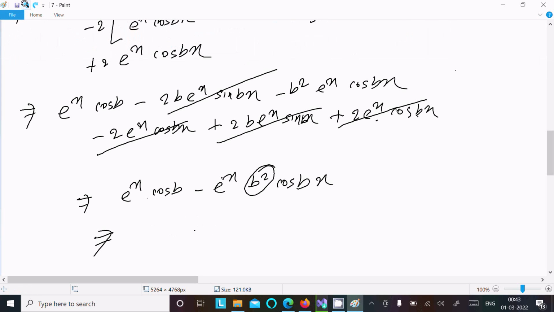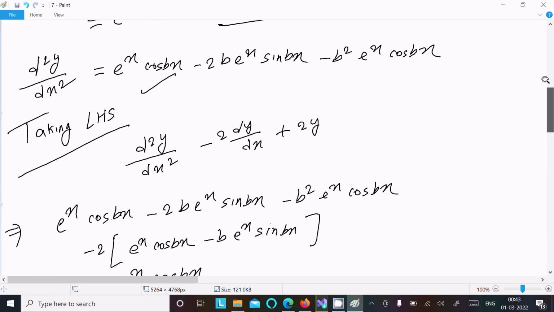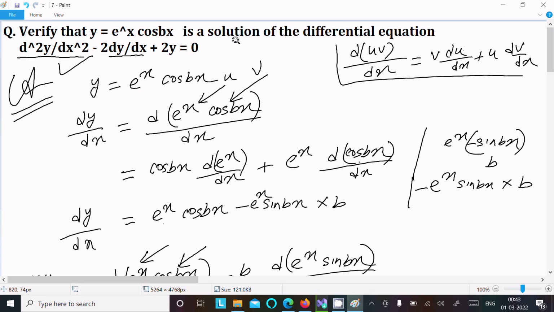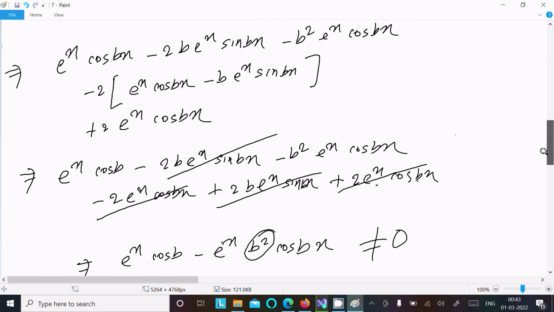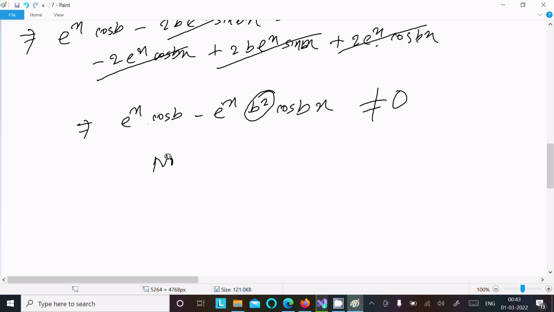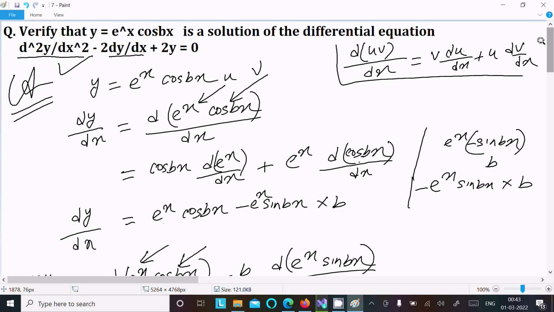So this is not equal to 0. If that is equal to 0, it is a solution of the differential equation. So here we can write not a solution, because the value 0 does not come.